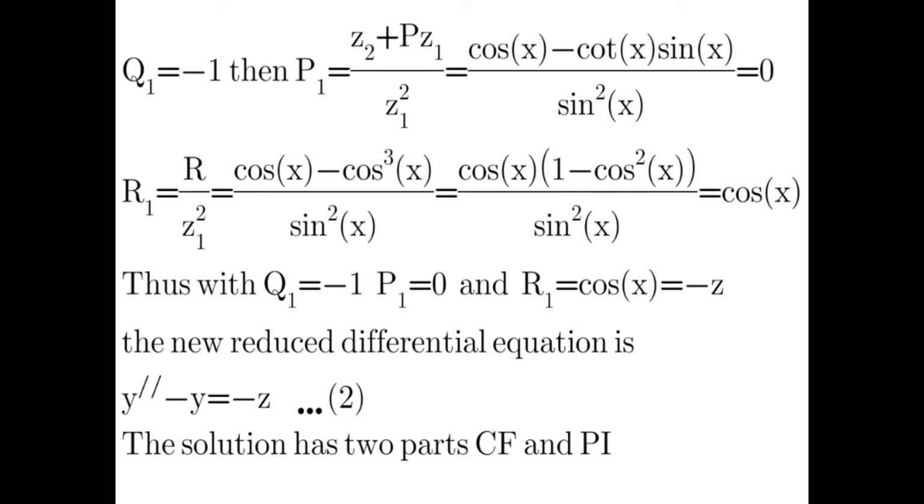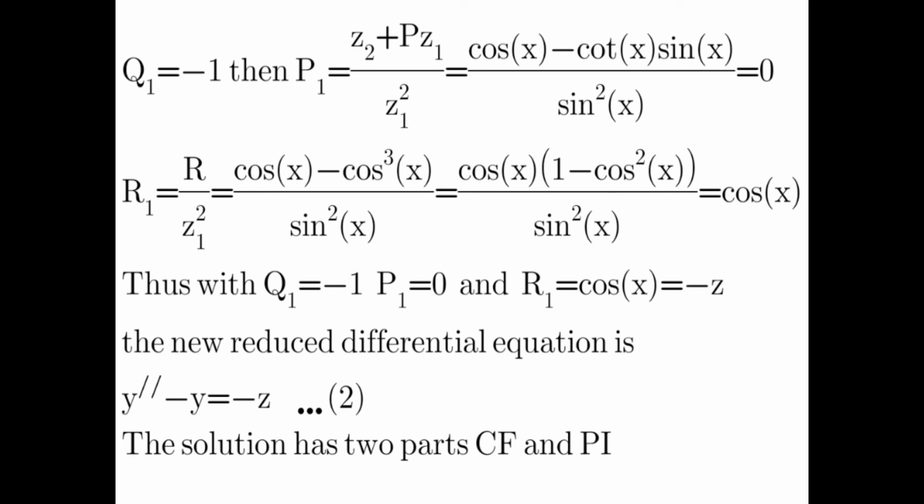So the value of r is cos x, and we retain it as a function of z, that is we write it as minus z. So the new reduced differential equation is y double dash minus y is equal to minus z. Here y double dash denotes d square y by dz square, or d square y by dz square minus y is equal to minus z.